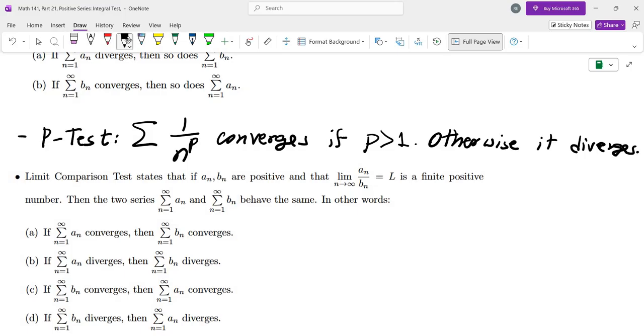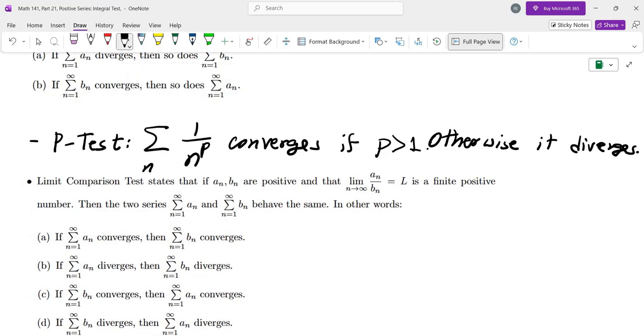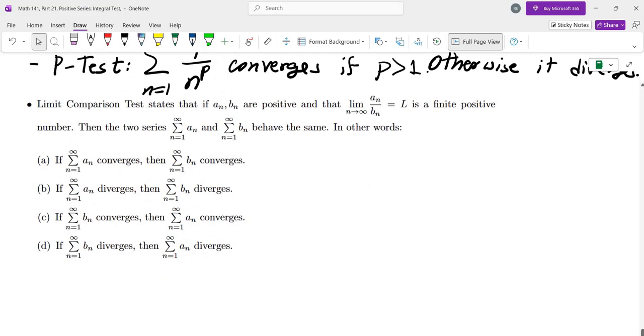And finally, we have the limit comparison test that tells us if you have two sequences that are again positive, everything we did in this video is about sequences that are positive. If the ratio approaches a finite positive number, then these two series behave the same, which means if one converges, the other one converges. If one diverges, then the other one diverges.